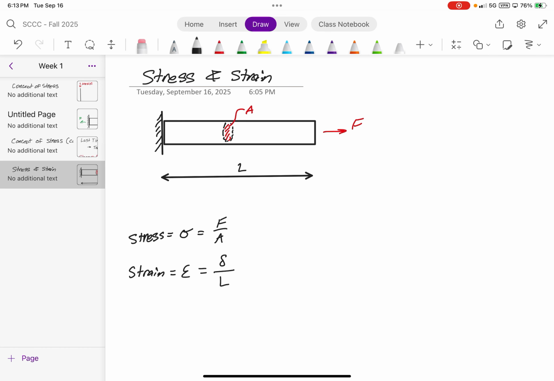And then as you pull on this bar, it's going to change in some length here. And this dimension here is that value delta. So it's change in length divided by the original length.